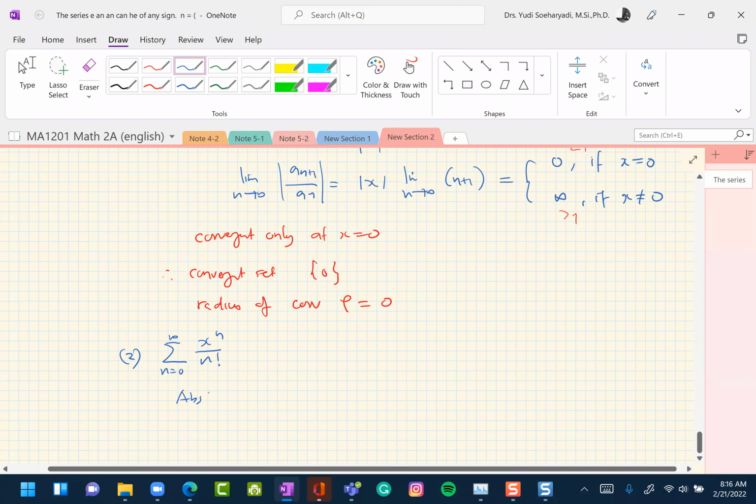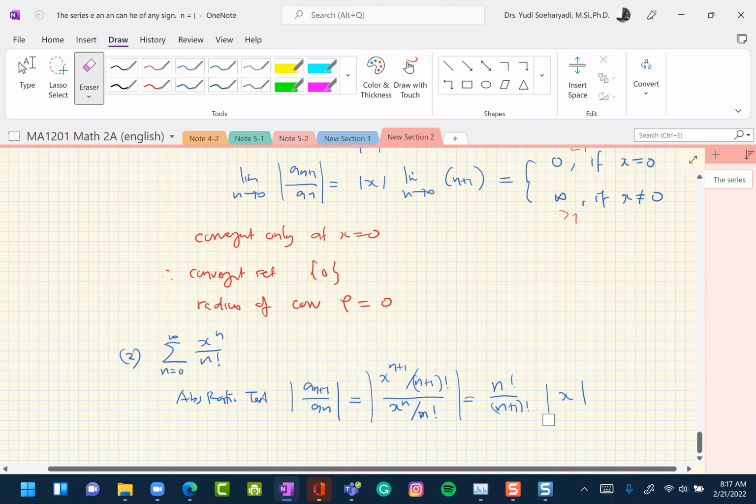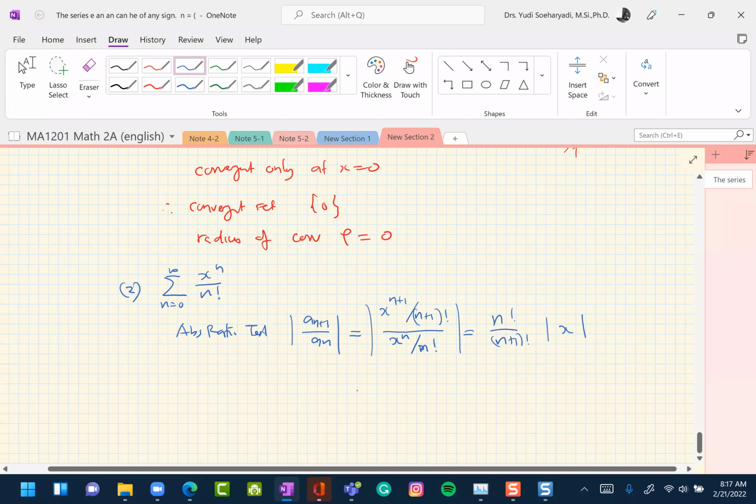So by the absolute ratio test, we have n factorial over (n+1) factorial times x to the n, so this gives you 1 over n plus 1.